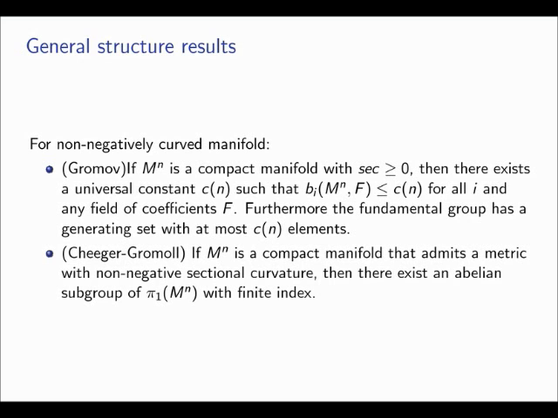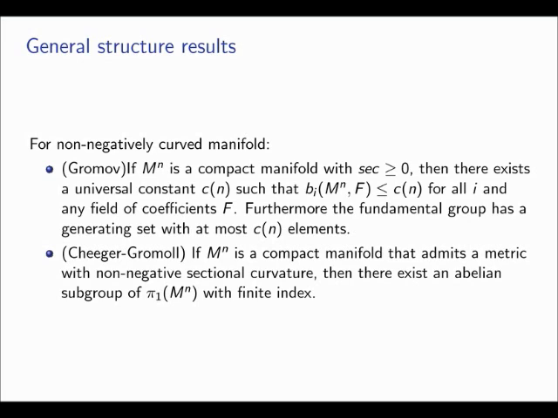Another one tells you about the structure of the fundamental group. This is by Cheeger and Gromoll. They prove that if M is compact and has a metric with non-negative sectional curvature, the same condition as here, then there exists an abelian subgroup of pi1, the fundamental group, with finite index.